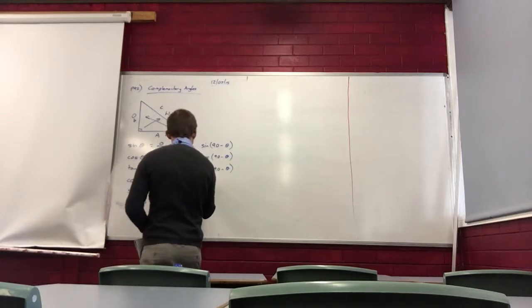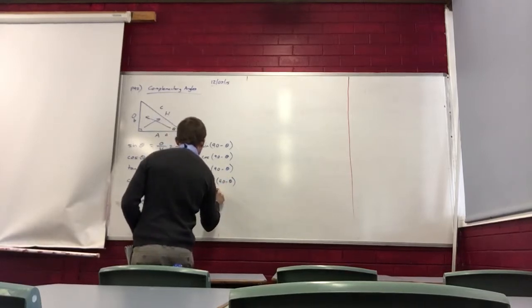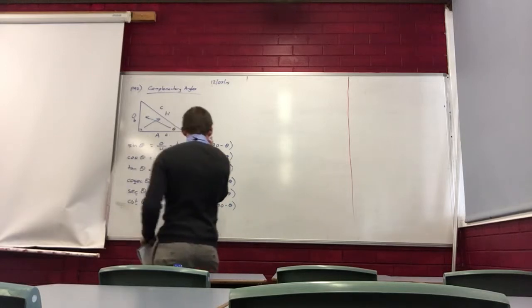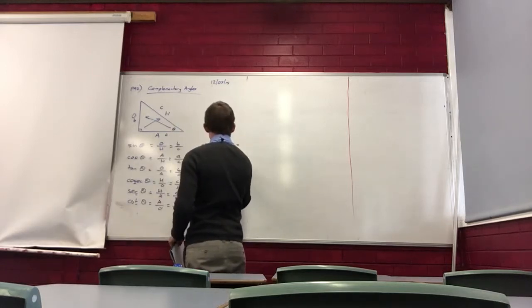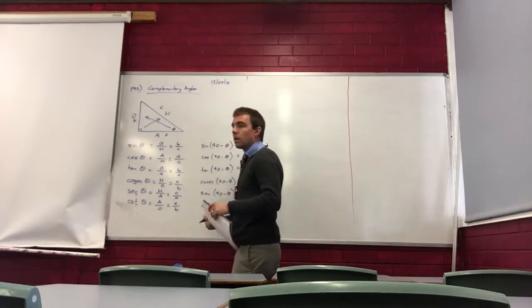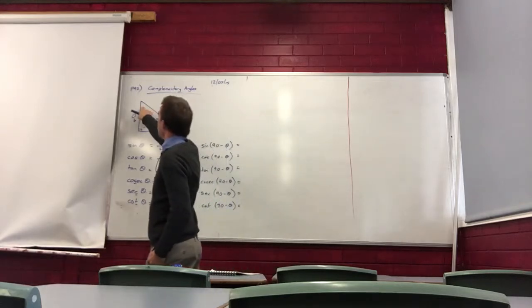It looks like I left you a bit of room in your notes so you can write it straight in there. 90 minus theta is referring to this angle up here.